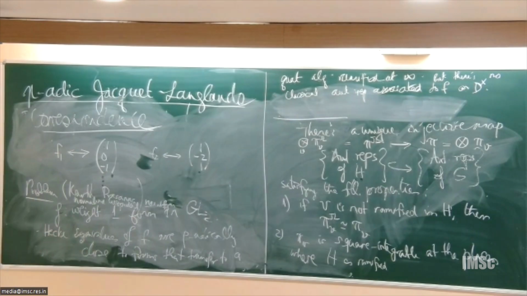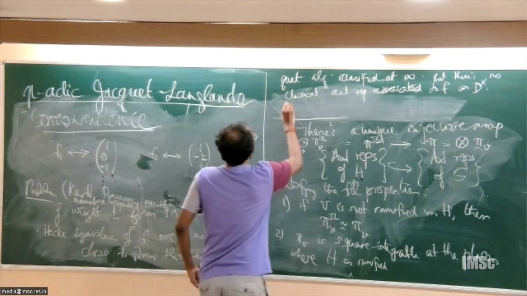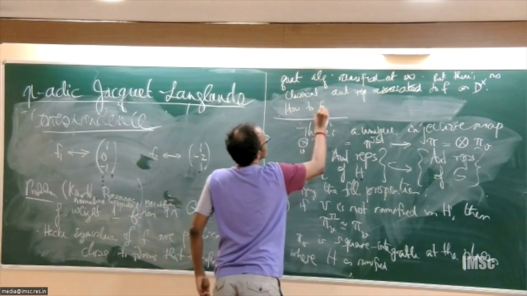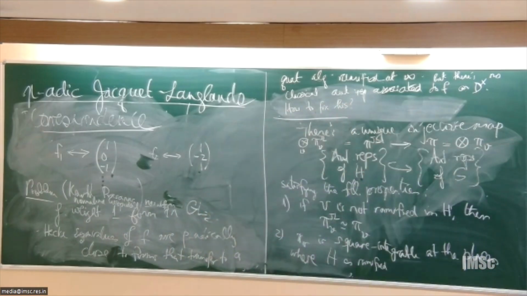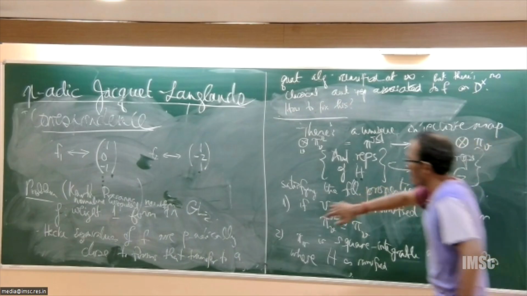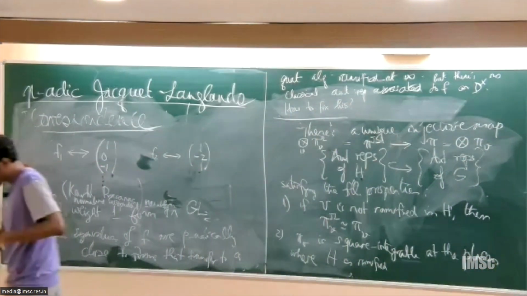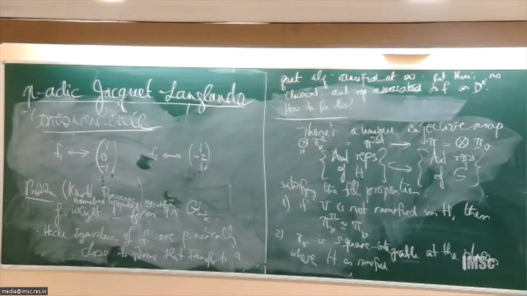So there's no reason for them to be compatible. How to fix this was the question she asked me. And the answer is, as you rightly observed, you're taking complex representations and taking p-adic limits. So that's the reason for this problem.